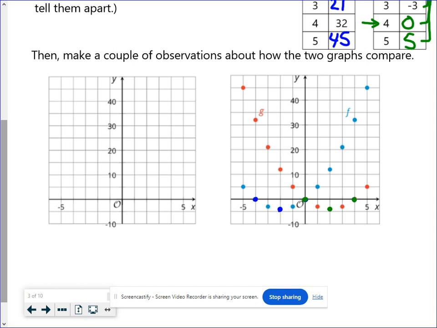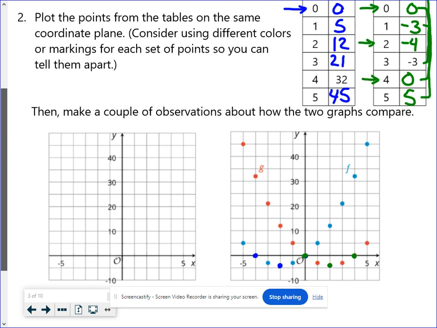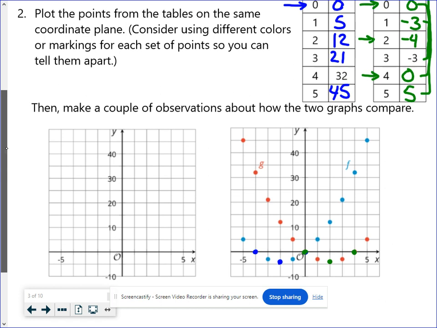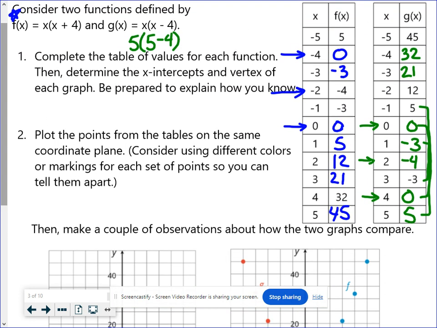If you would reflect it over the y-axis, we've got a reflection of each other. But again, we could even see it just from the functions that we started with. They are going to be very, very similar. And you can even see that from the numbers that we had in the table, right? You can see the similarity there.